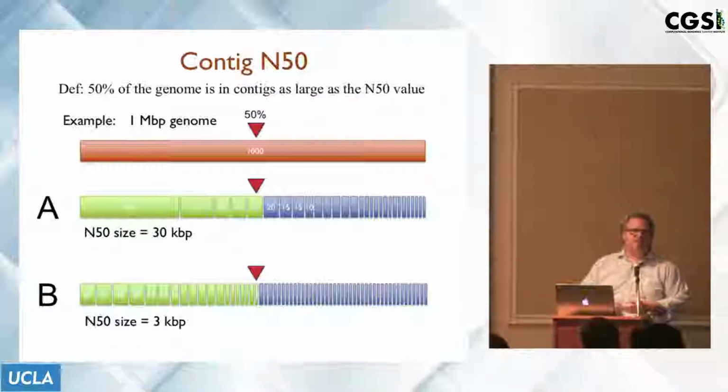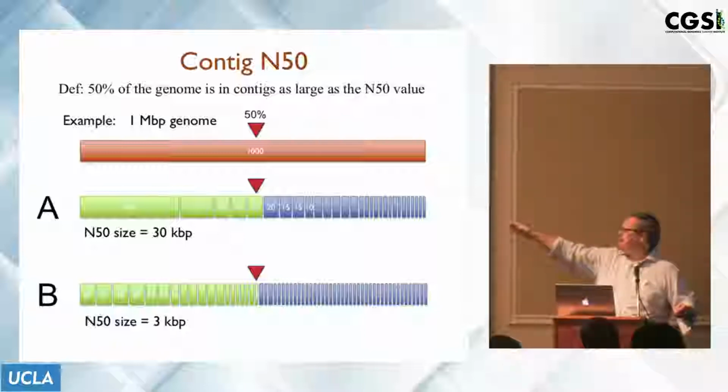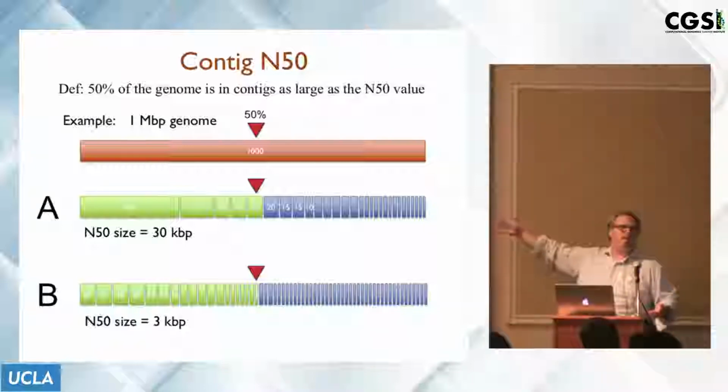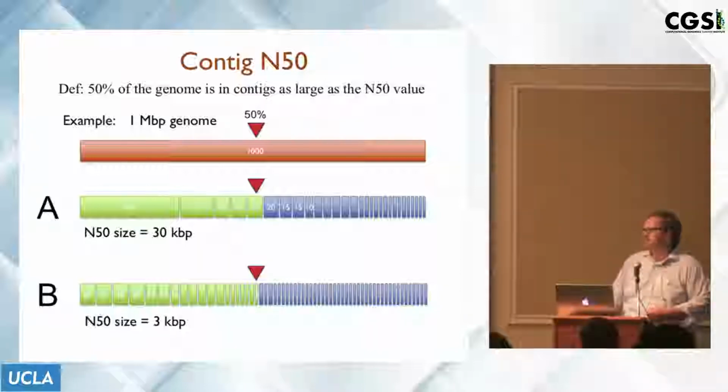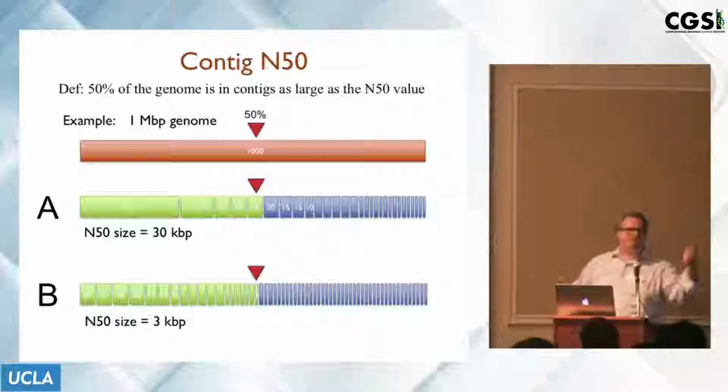You just take your contigs, lay them out from largest to smallest, and walk through until you get to the halfway point. In assembly A, the halfway point is a contig that is 30 kb long. In assembly B, the halfway point is a contig that's only 3 kb long. So you'd say the contiguity of assembly A is about 10 times that of assembly B. If you have to pick one number to describe your size distribution, this is the one that has become popular in the field.